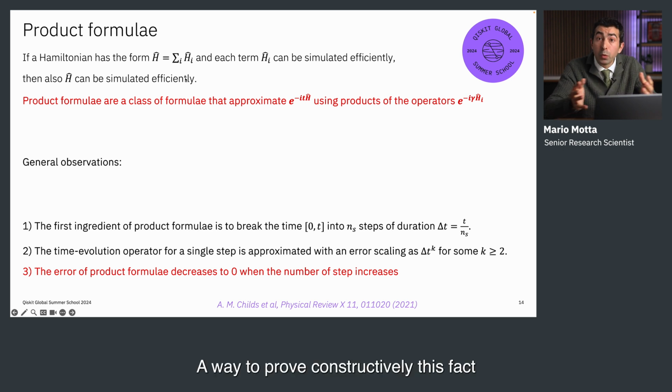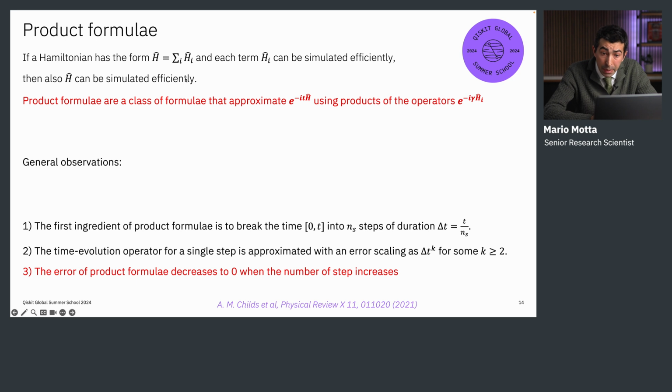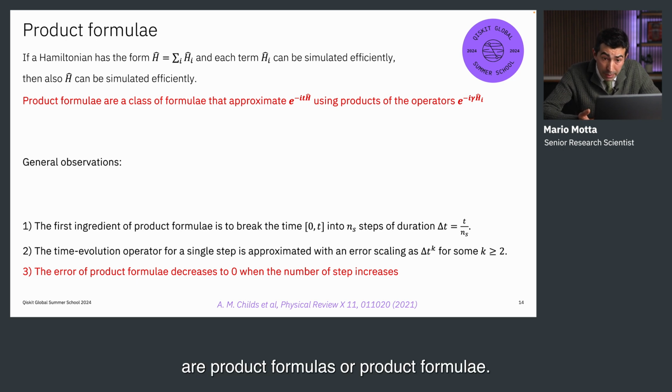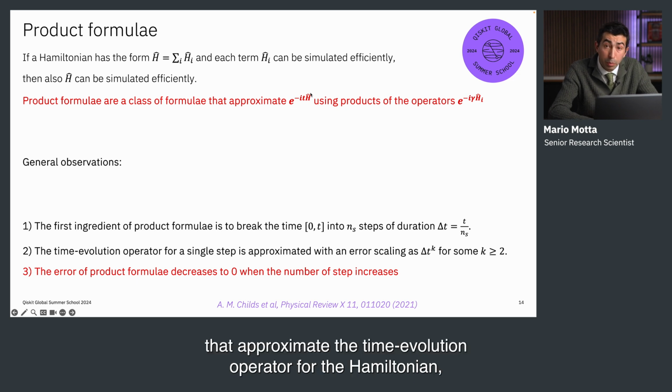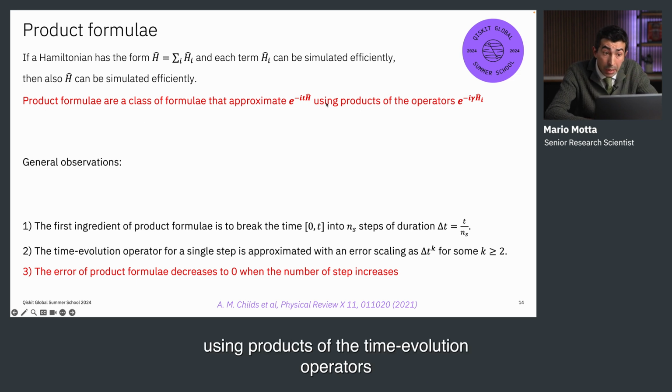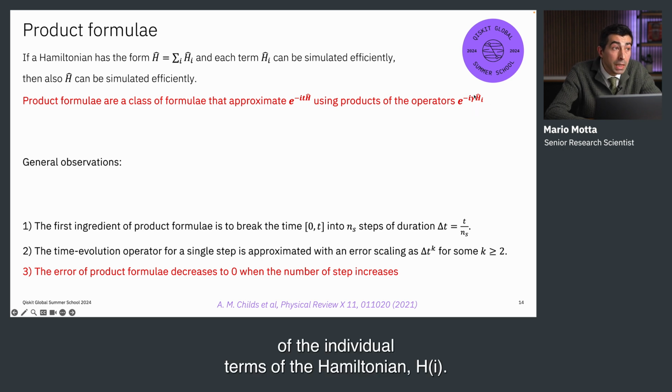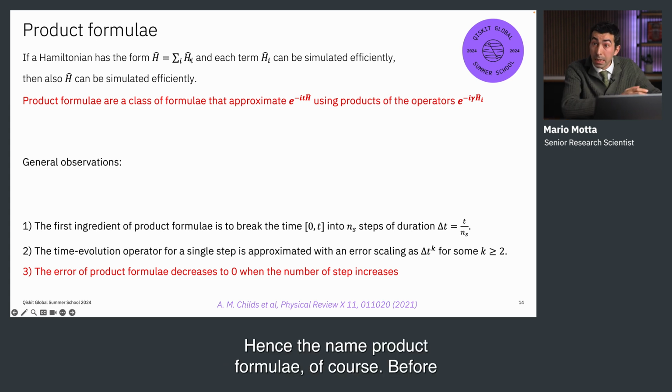A way to prove constructively this fact are product formulas, product formulae. Product formulae are a class of formulae that approximate the time evolution operator for the Hamiltonian using products of the time evolution operators of the individual terms of the Hamiltonian, H_i, hence the name product formulas, of course.